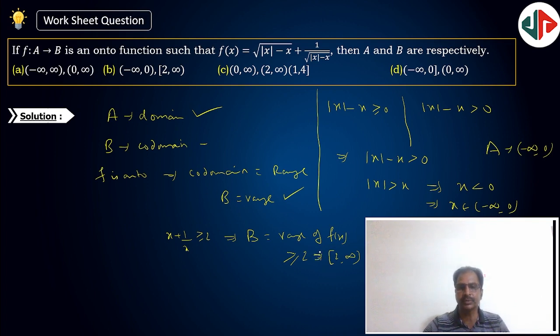Greater than or equal to 2 means 2 to infinity. So B is 2 to infinity including 2. A is minus infinity comma 0. Answer is option B.